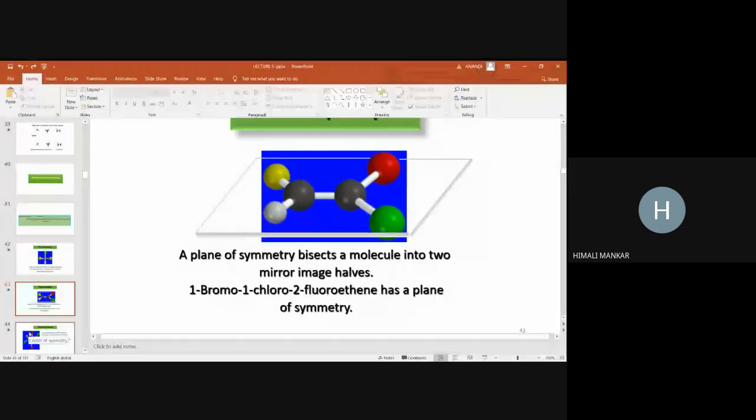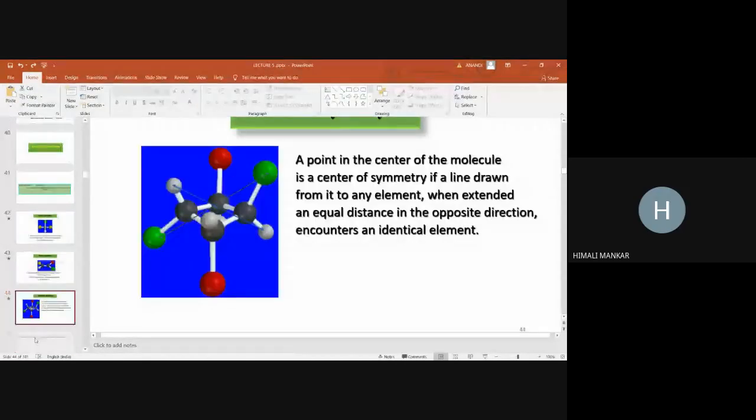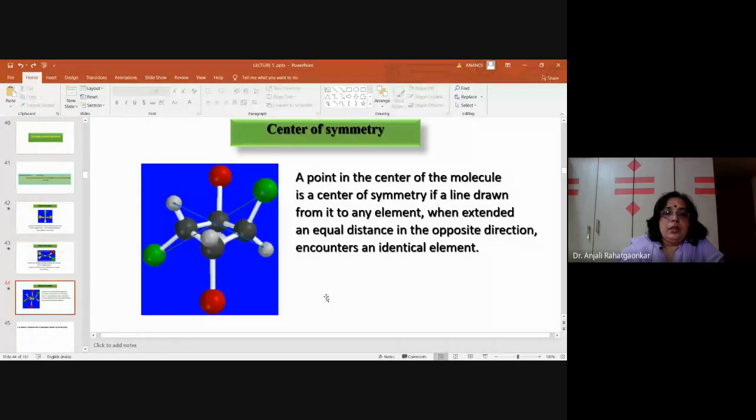Okay, now moving to the next. If any center of symmetry is present, so this is the center of symmetry. So this is a center, and what was the hypothesis, that from the center, this substituent is above the plane. ठीक है, draw a line.